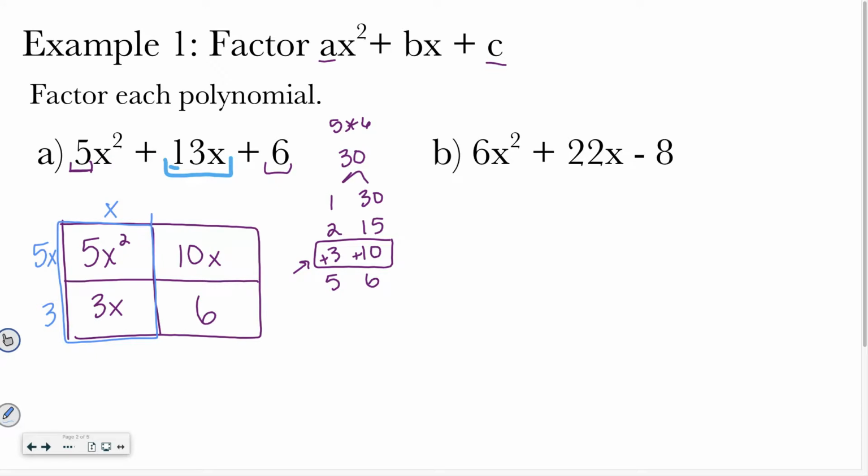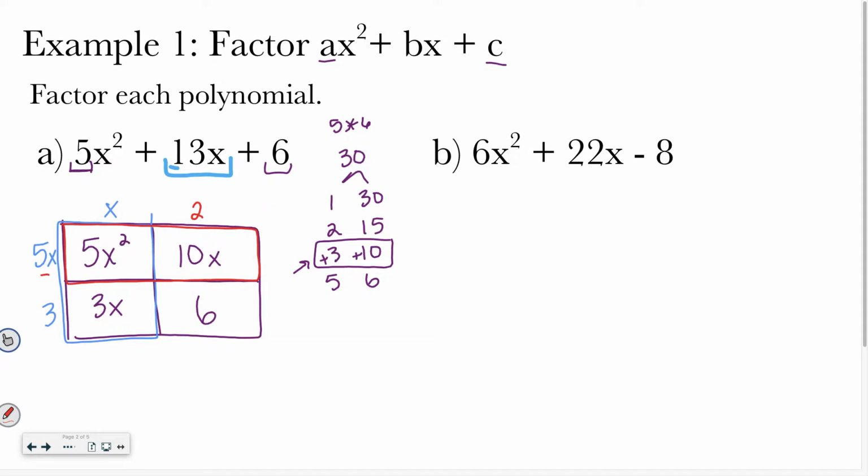Now that I've looked vertically, I'm going to look horizontally. And I say, okay, I have 5x over here. If I took a 5x out, what am I left with in this other box? Remember, when we take things out when we're factoring, that's like dividing. That's not subtracting. So 10x divided by 5x would just leave me with 2.